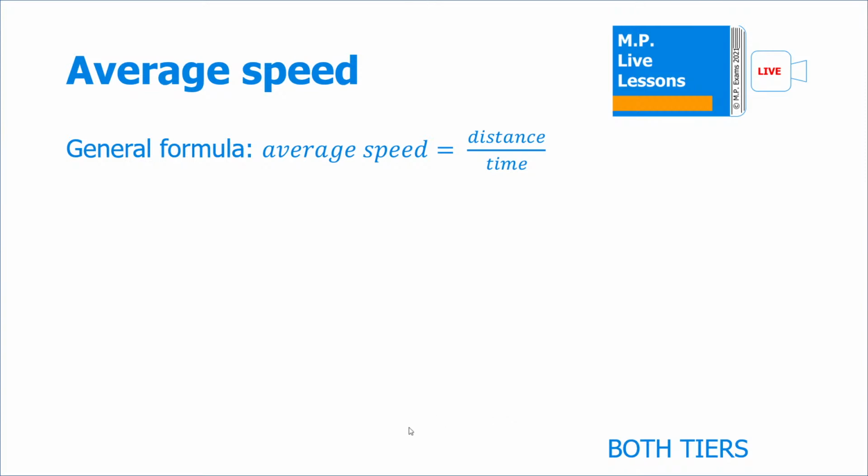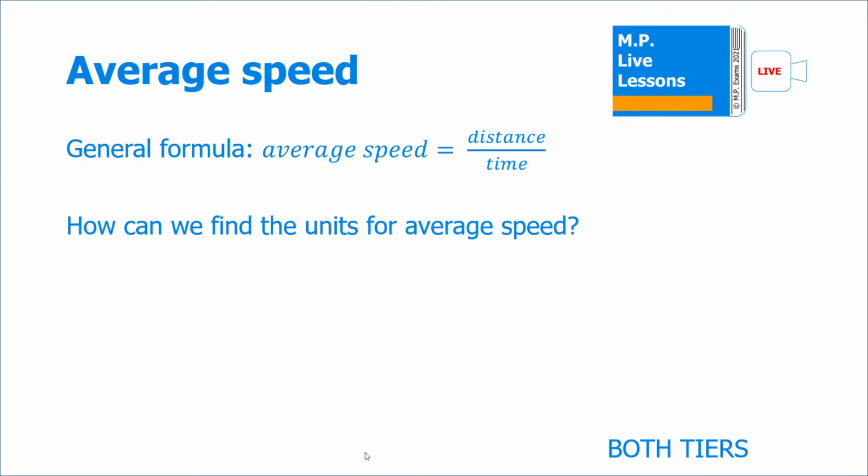Now next, for both tiers, you'll need to know the general formula for speed. So average speed is distance divided by time. Usually you may be given unfamiliar units. Distance can be measured in anything from centimeters, meters, and so on, and time is often measured in seconds, hours, or minutes.